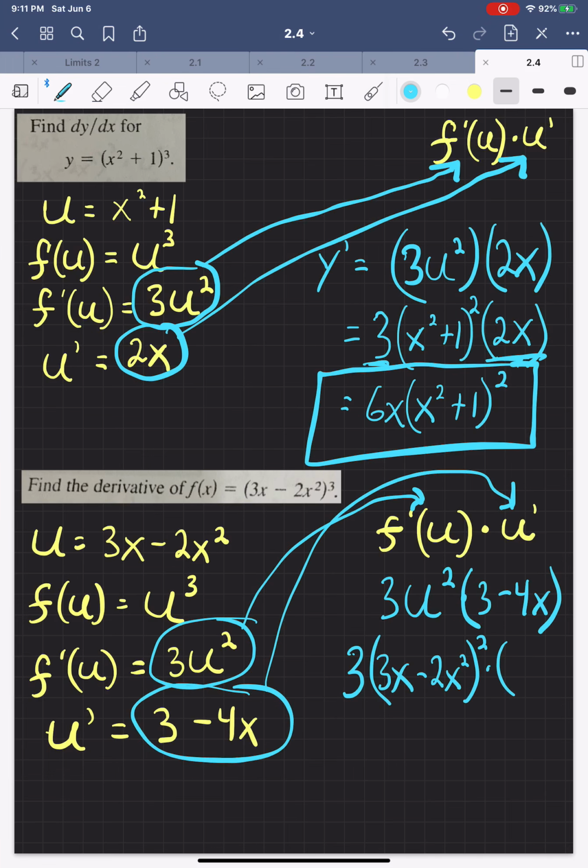So times 3 minus 4x. You could distribute the 3 if you wanted to, and clean all of that up. But I'm fine at this stage right here. It's in factored form. If I wanted to set it equal to 0, it's perfectly set up. So we are done at that point.